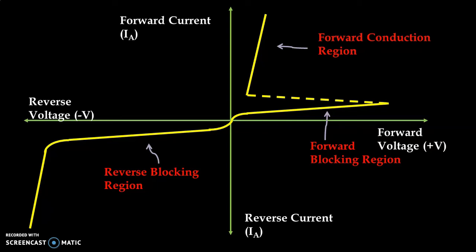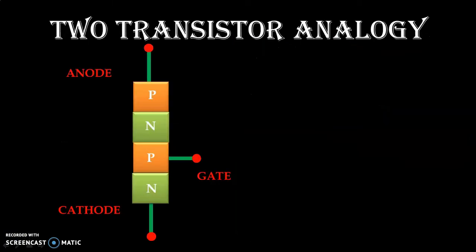Now let us understand the working of the SCR. To understand the working of the SCR, the two transistor analogy is very helpful. As we know the construction of the SCR, we have 4 layers, PNPN, and if we divide the intermediate 2 layers, then we can observe that we have 2 transistors.